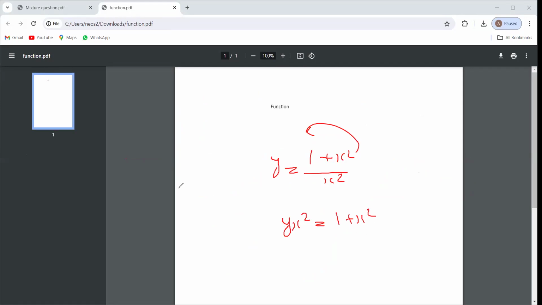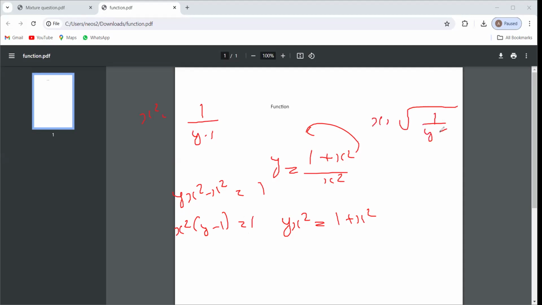Then put x square here. Take x square common. What is x square? 1 by y minus 1. What is x? Find the domain of this, you'll get your answer. So what will be the answer for this? क्या आंसर आएगा?